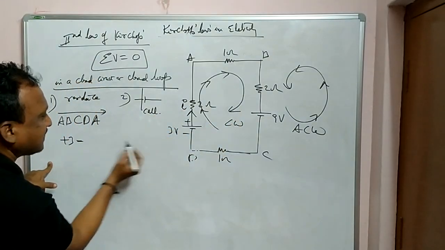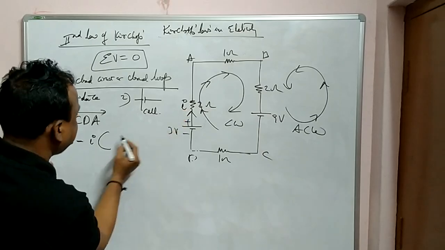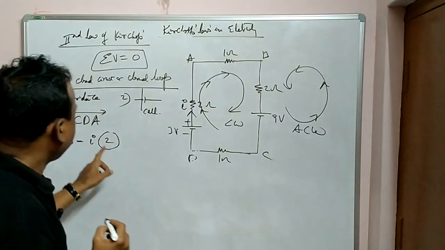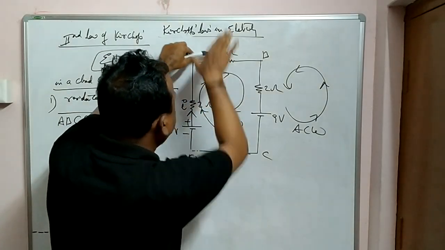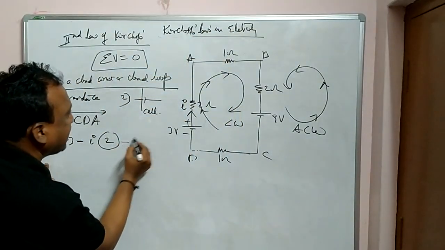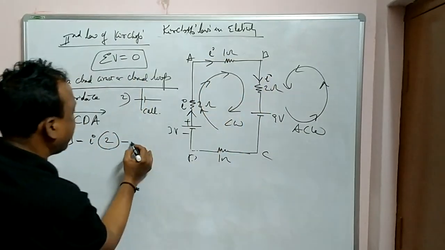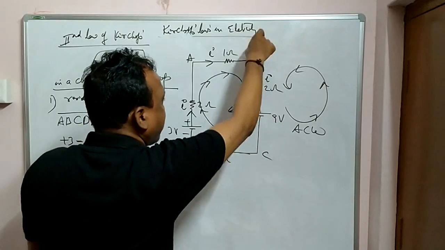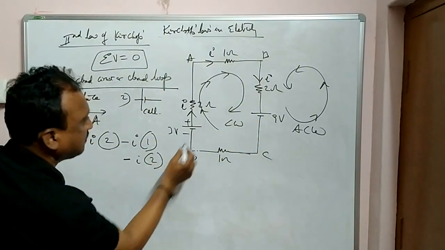So minus, what is the current here? I into resistance, the 2 ohms. Current value is not given, so I into R. Along the direction of current again, potential drop. Minus, same current will be there here also. So minus I into 1. Again same direction of current, drop, minus I into 2.